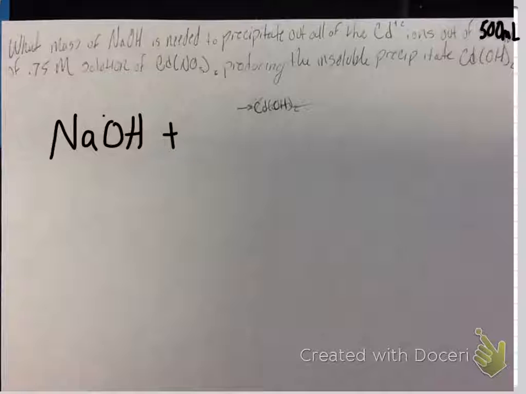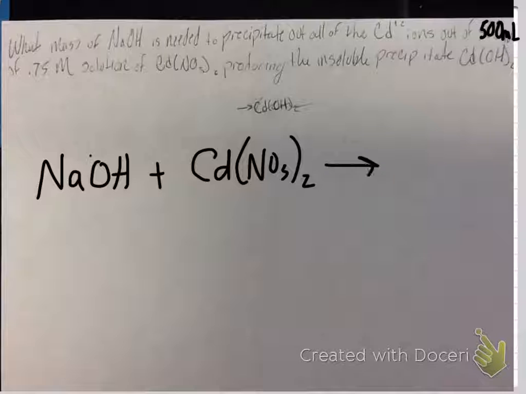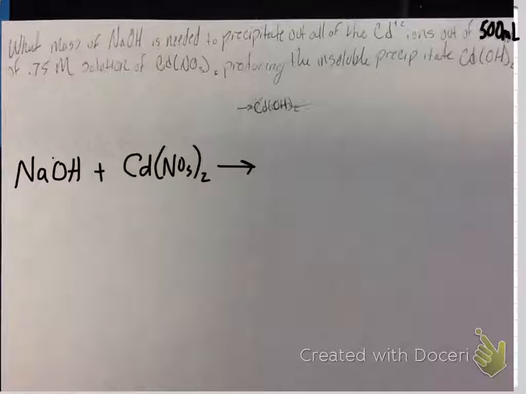We're adding this to a cadmium nitrate solution. So the second reactant is cadmium nitrate. If you had to predict products for this reaction, what would you predict? Well, it's double replacement, remember?